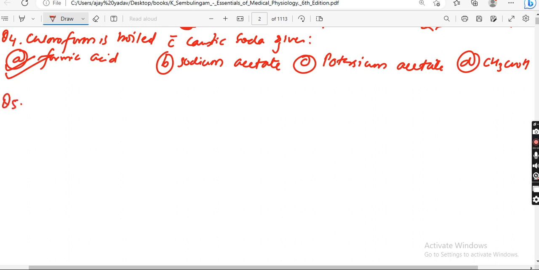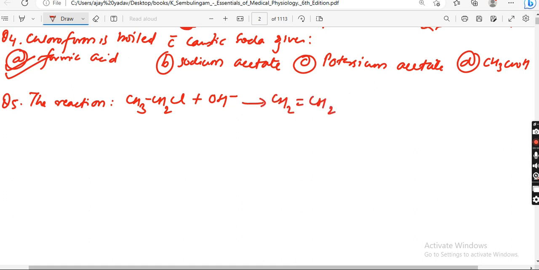So question number 5. The reaction CH3CH2Cl when reacted with OH minus gives CH2=CH2 plus water plus Cl minus. This is actually a dehydrohalogenation reaction, right?